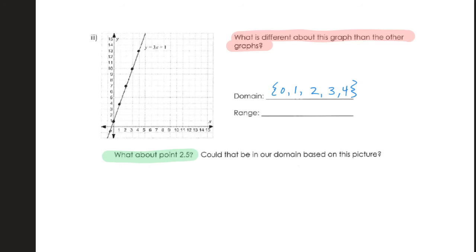So can we go back up to the red question? What is different about this graph than the other graphs? And if we can get back to that part where we kind of acknowledge that we have a line, we don't have a series of points, then that means that I don't just have those points that I've kind of bubbled in.